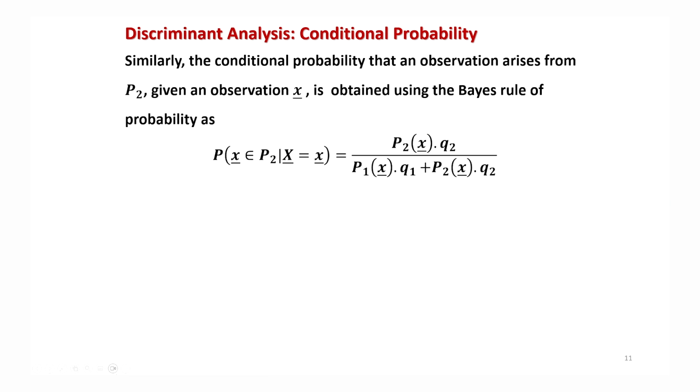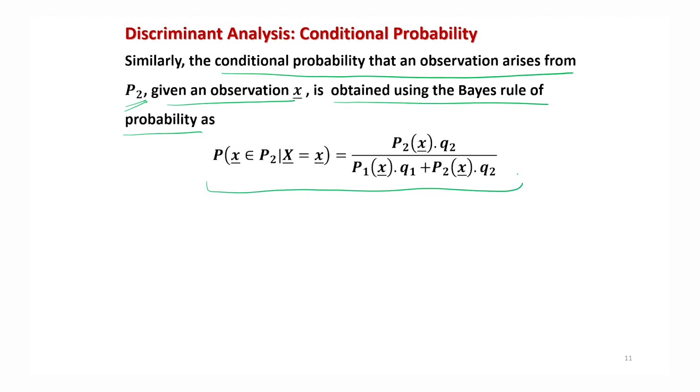So the same concept, if I repeat and find the conditional probability that an observation is arising from the second population P2 given observation x, is again obtained using the Bayes rule of probability: the probability that x belongs to P2 given X equal to x is equal to P2(x) into Q2 divided by the same quantity, P1(x) into Q1 plus P2(x) into Q2.